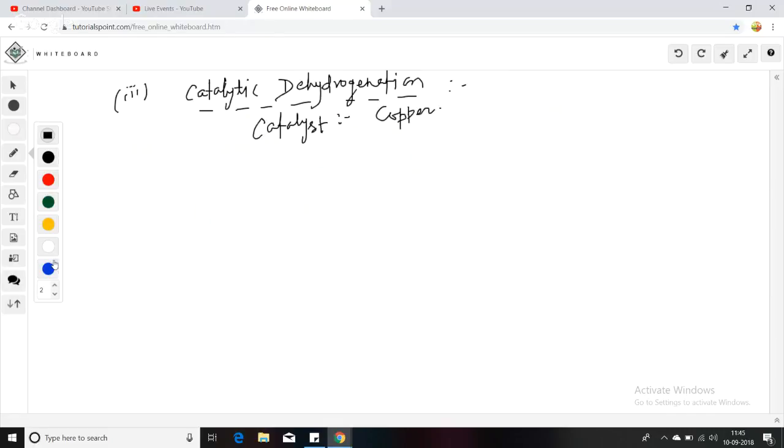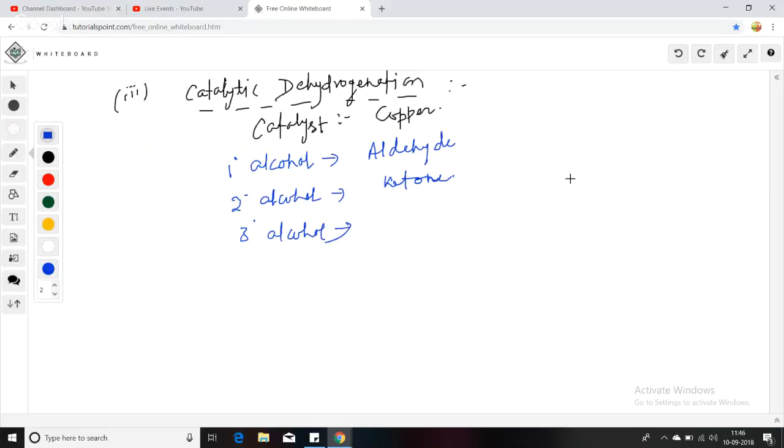Again in this also, 1 degree alcohol gives aldehyde, 2 degree alcohol gives ketone, and 3 degree alcohol gives alkene. Okay, elimination takes place in this, so alkene forms in this one. Okay, this is just a method we have.